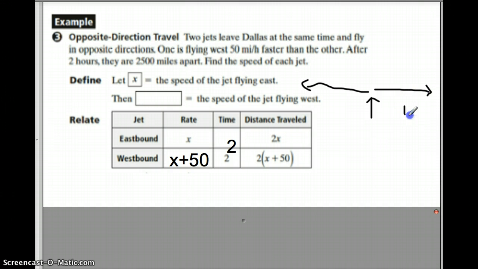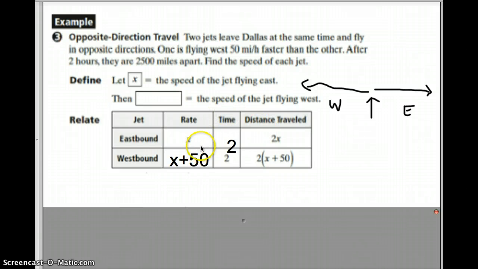So this is my eastbound. Here's my westbound. So I'm told my eastbound jet is flying at a rate, and my westbound jet is actually flying faster, 50 miles per hour faster. After 2 hours, which is their time.